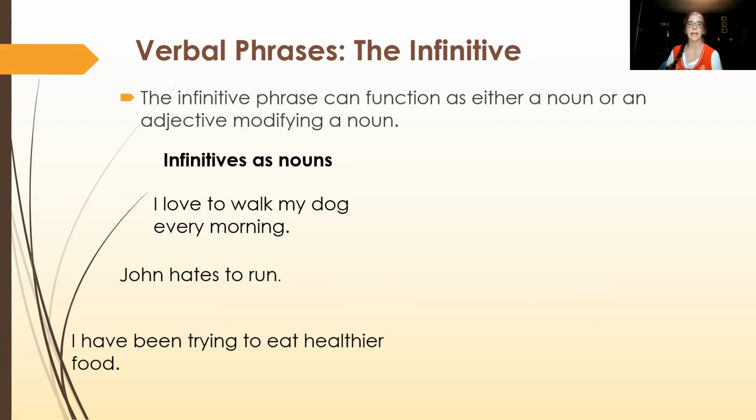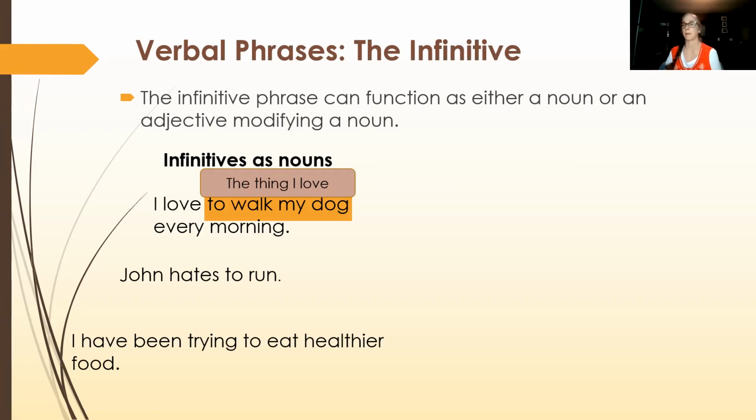I have been trying to eat healthier food. Do you see the infinitives, Joey? Yes. Can you tell me what they are? To walk, to run, to eat. There you go. To walk, and then that phrase has an object. There's a noun in it. To walk my dog. They don't always have a noun following the verb form, but for example, that is the thing I love.